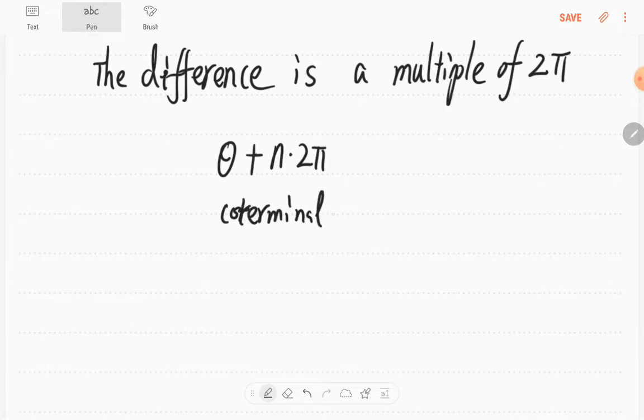You have infinitely many angles for the different choices of n, right? n is equal to 0, plus or minus 1, plus or minus 2, and so on. So these form coterminal angles.